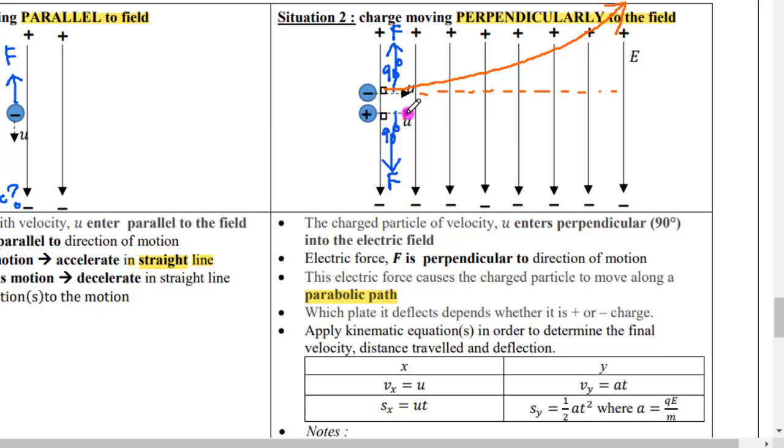Kalau diperhatikan, pergerakan dia ke depan, tetapi ada electric force tarik dia ke bawah. So apa jadi kepada pergerakan charge positif ni? Dia akan deflect ke bawah, lakukan projectile motion, deflect ke bawah. So which plate does the charge deflect to? It depends whether it's a positive charge or a negative charge.